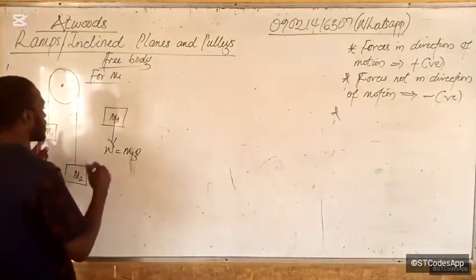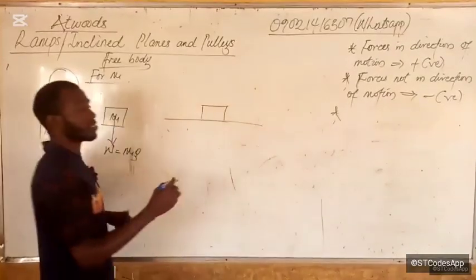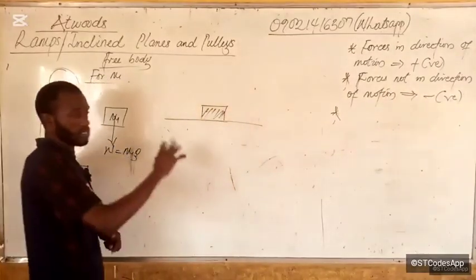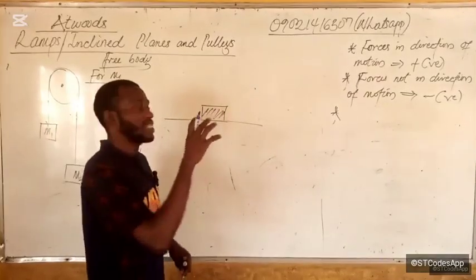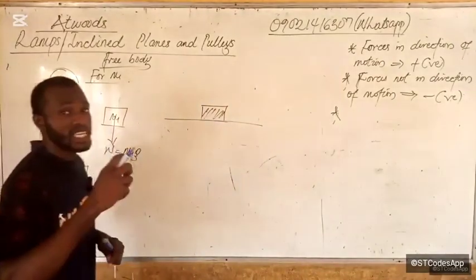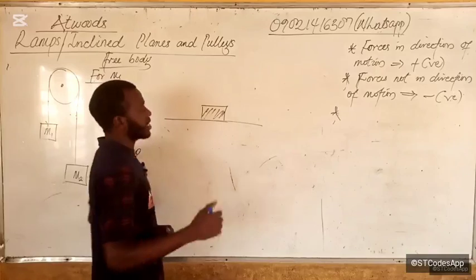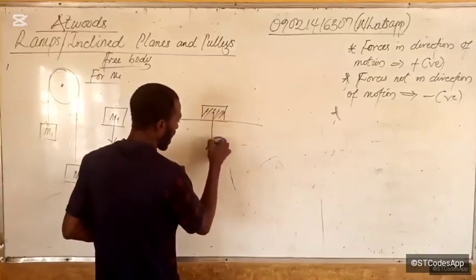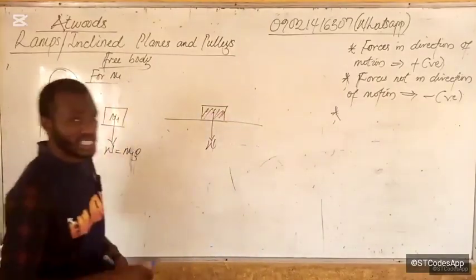Now in this case, if there is a body on a surface and it is stationary, the sum of forces acting on it is different from this one that is being suspended by a string. Because for this body, the forces acting on it are the weight of the body acting straight downwards, and I put my emphasis on straight downwards.